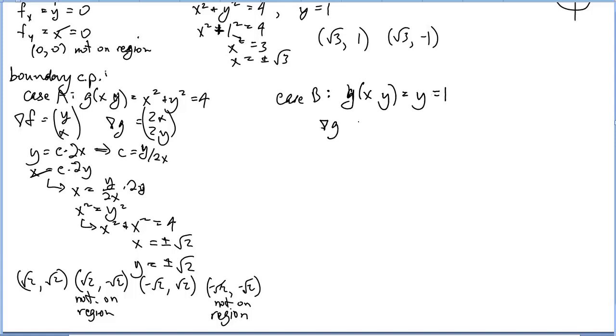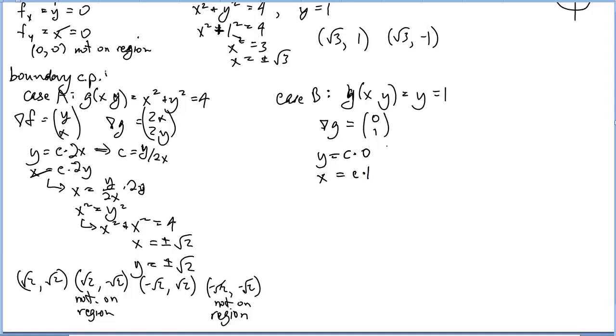In this case, grad g equals derivative with respect to x is just 0, derivative with respect to y is just 1. So now we make our Lagrange equations. From grad f, again, we knew that was yx. So y equals c times 0, and x equals c times 1.